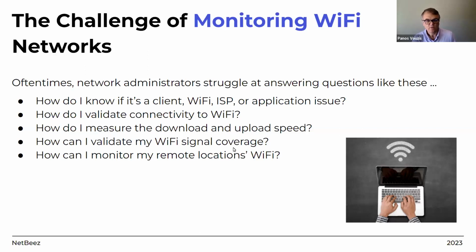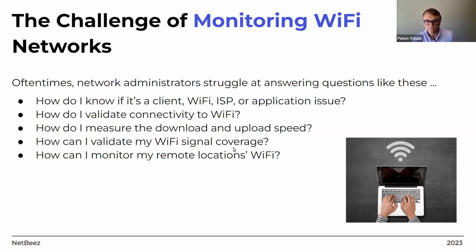Is it their laptop, the Wi-Fi, the ISP, the backhaul, right? At the very least, we want to validate if Wi-Fi connectivity is there, and be able to understand this from many remote sites.